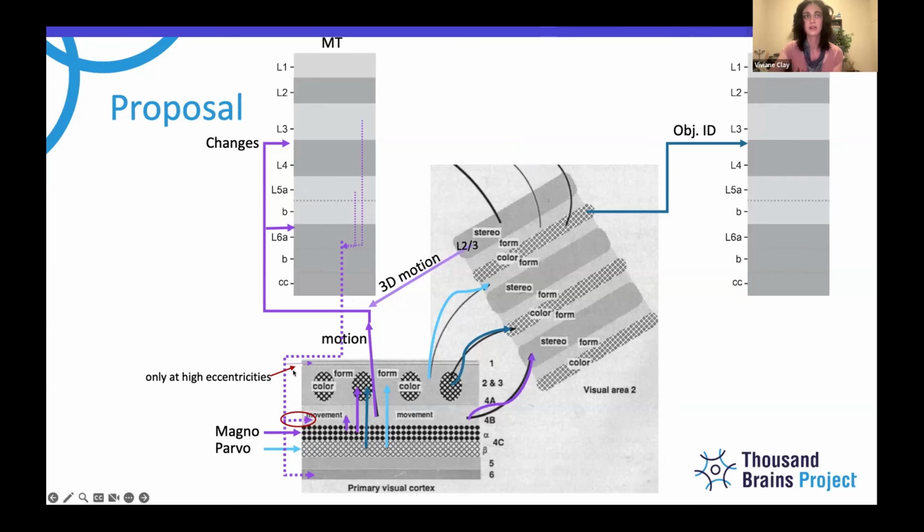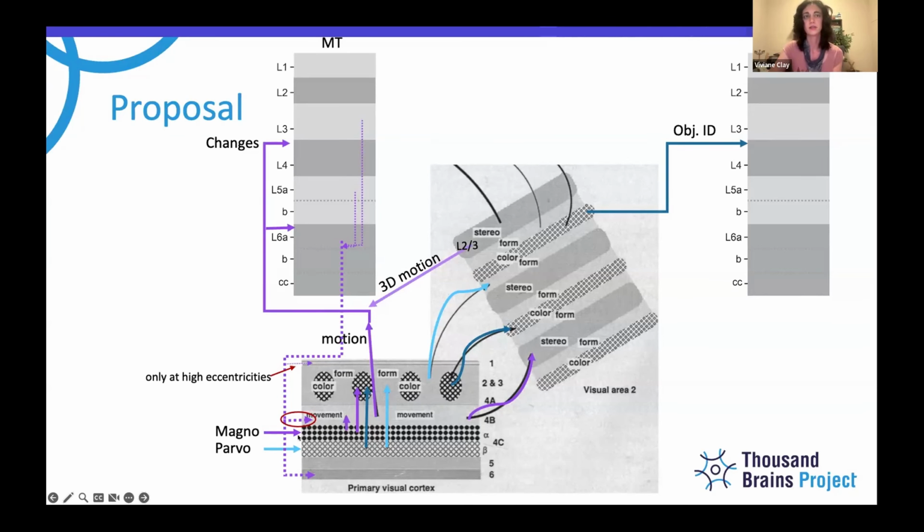Some of them terminate in layer 1, but only at high eccentricities, which kind of makes sense if you think that this is a behavior model. It wouldn't tell you much about an object ID in V1, I would assume. And so, I thought that was just another interesting thing.